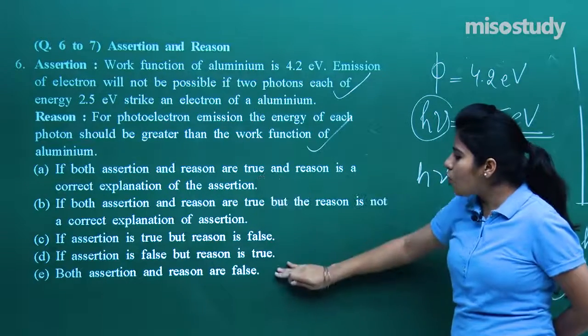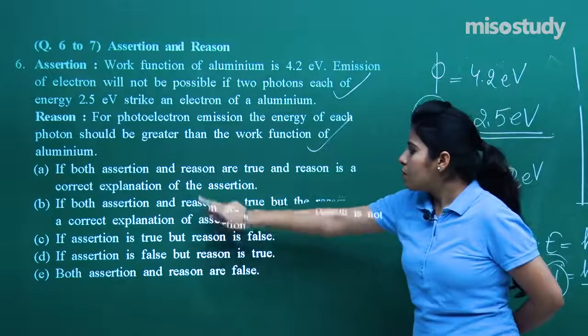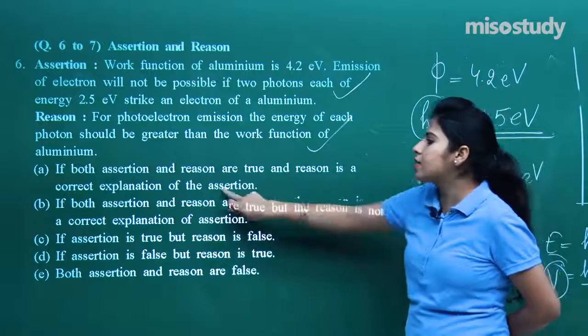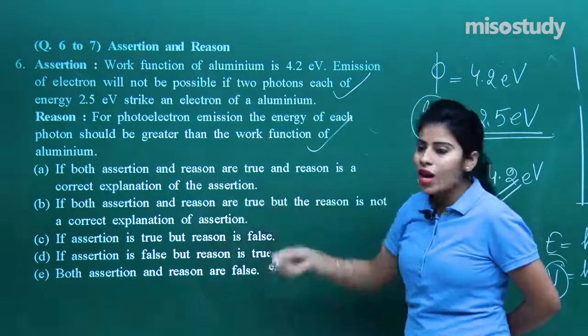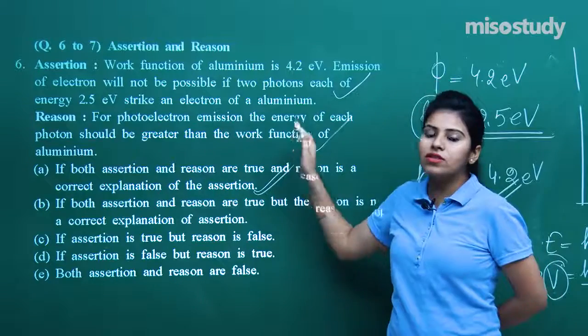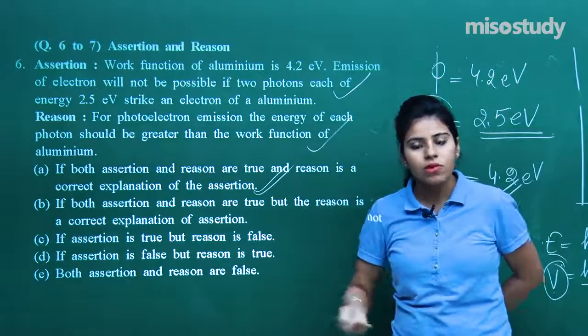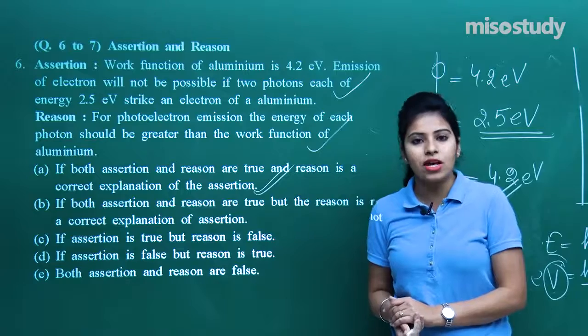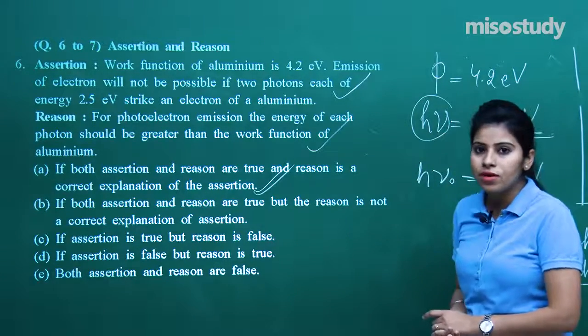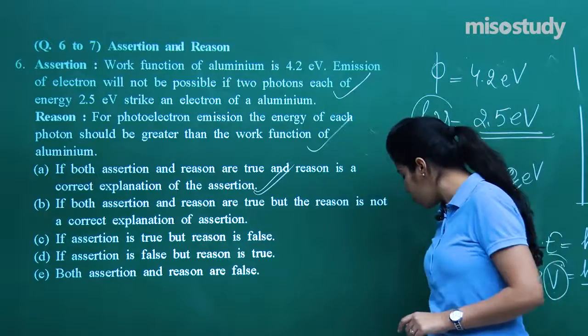So we will see which option is correct. First of all, if both assertion and reason are true and the reason is a correct explanation of the assertion, we have found that option 1 is the correct answer. This is a very simple question that we have encountered. Now let us see question number 7, which would again be of assertion and reason type.